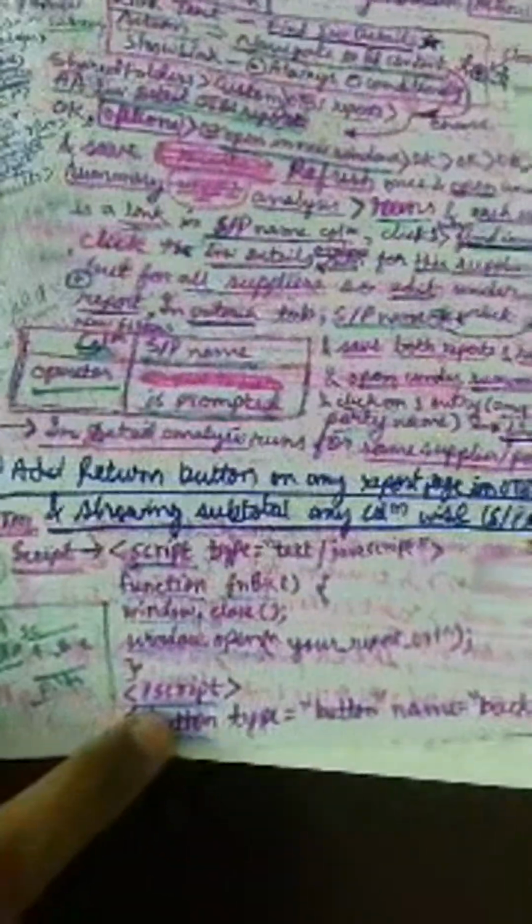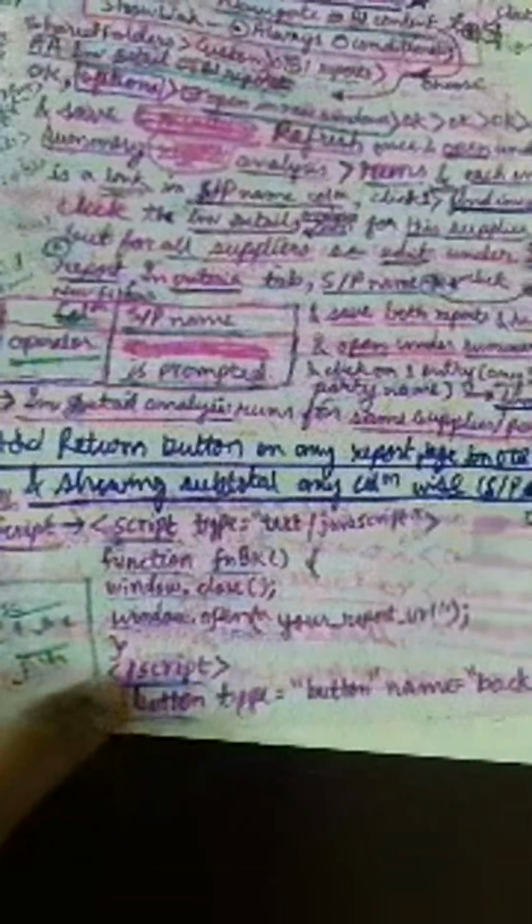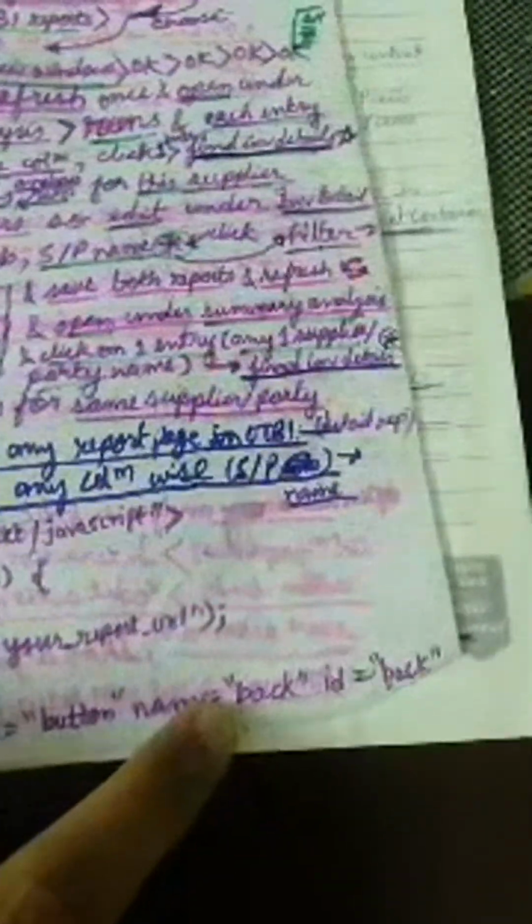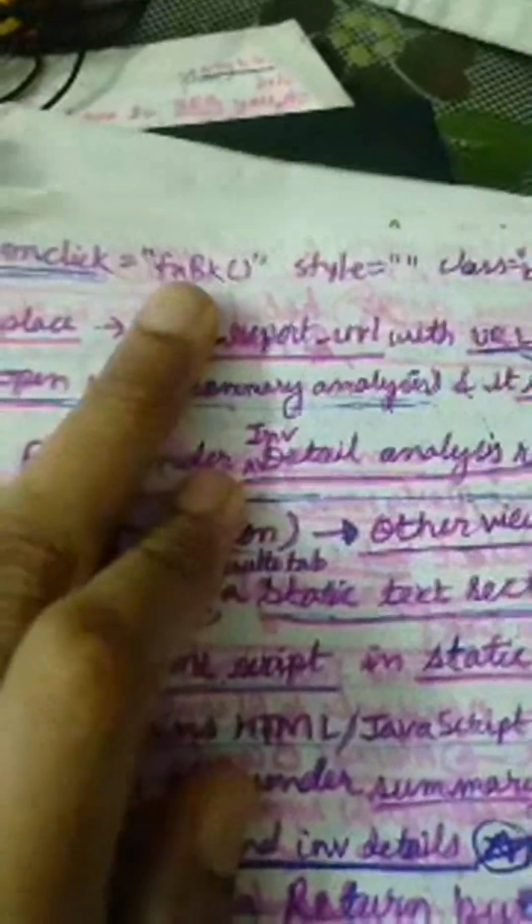I have closed the function and closed the script. The next one is the button. Now the type is button, name is back, ID is back. On click, I'm calling the function that I've defined here.